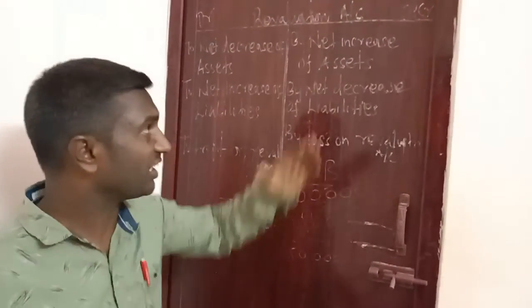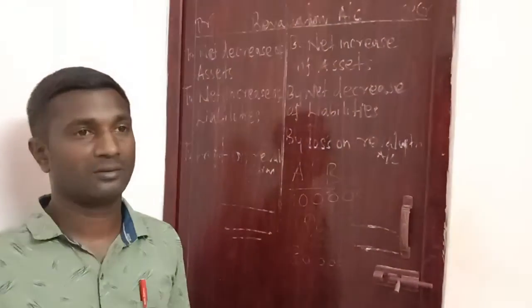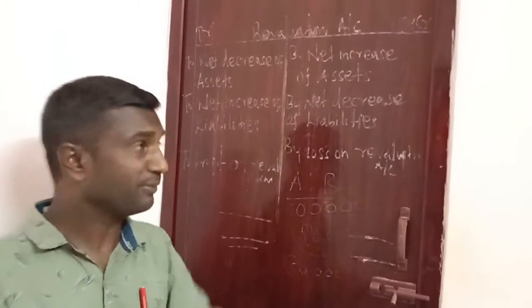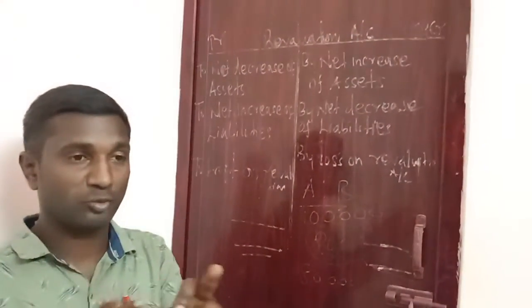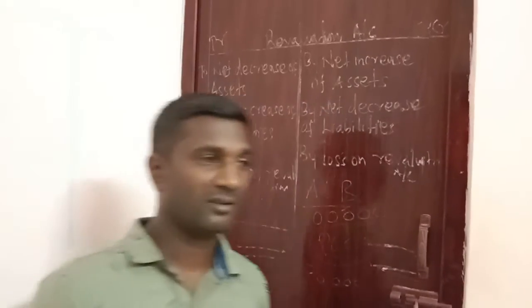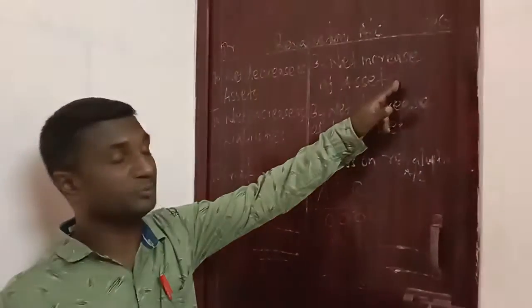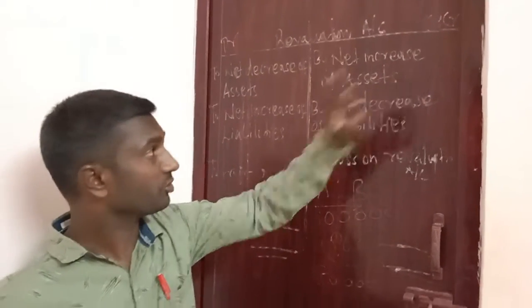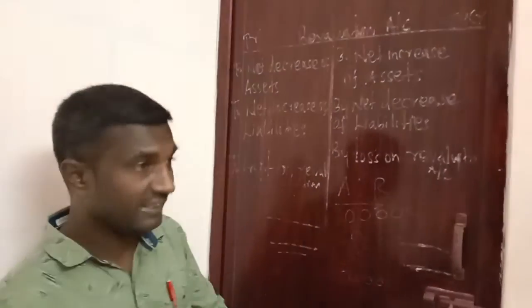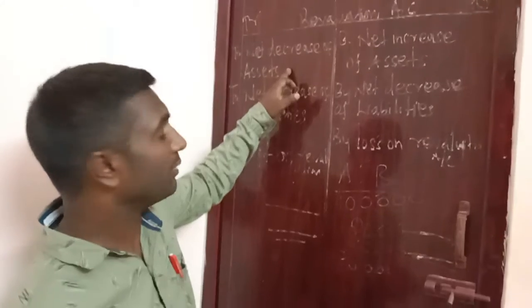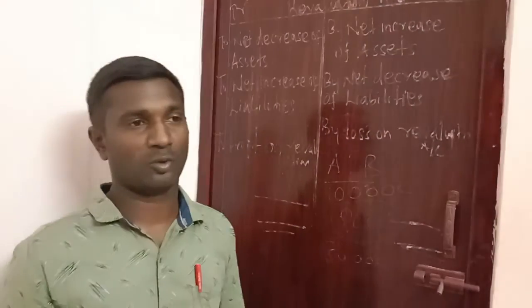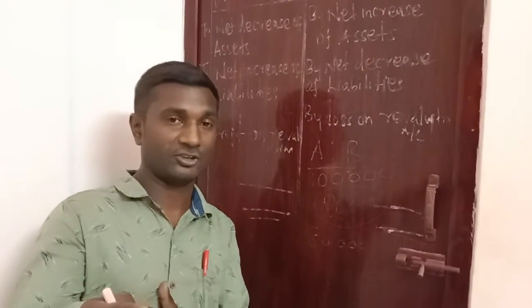So here we must take the assets increase or decrease. Assets increase means credit. Assets decrease means debit. That point you must understand. Assets increase, you have to credit in the revaluation account. Assets decrease, we have to debit to the revaluation account. Assets increase, credit.